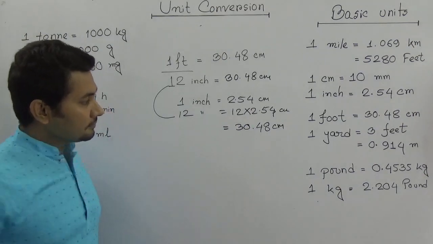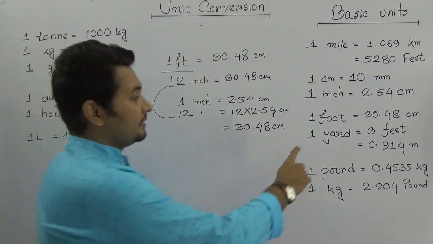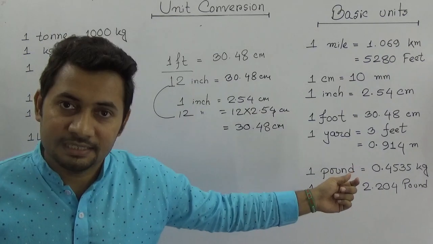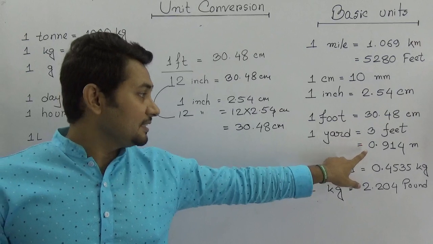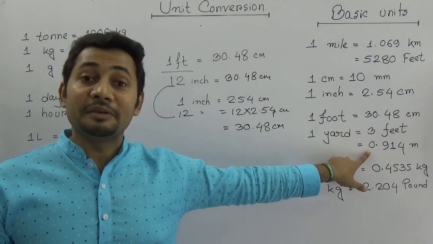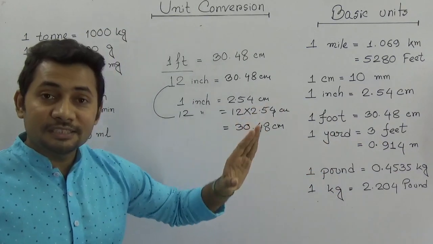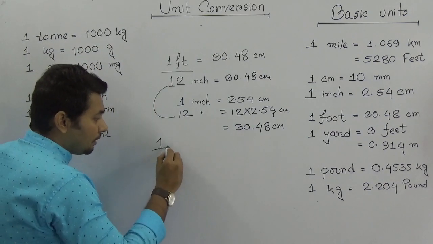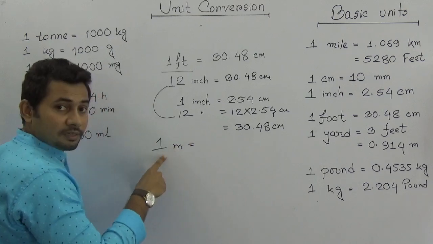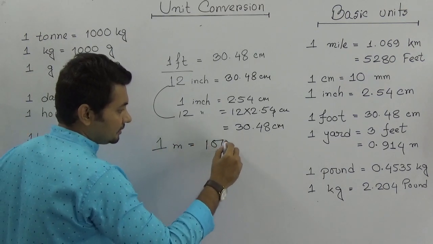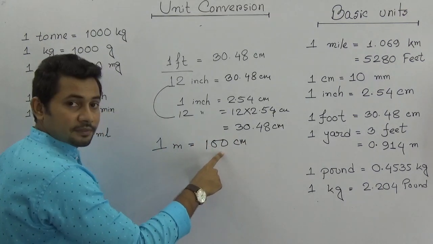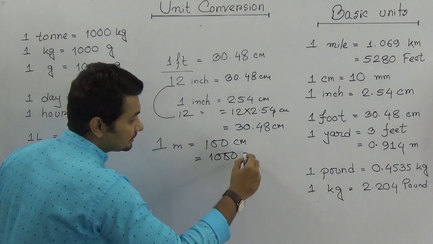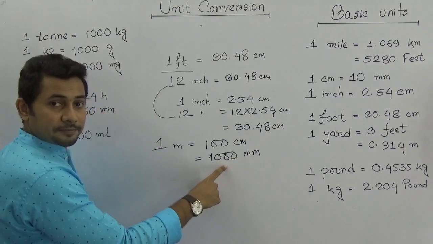And now you see, 1 yard is equal to 3 feet. So 3 feet is equal to 0.914 meter. Again, this is feet to meter. We know usually that 1 meter is equal to 100 centimeter, and 100 centimeter is equal to 1000 millimeter.